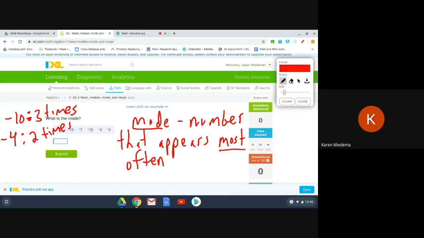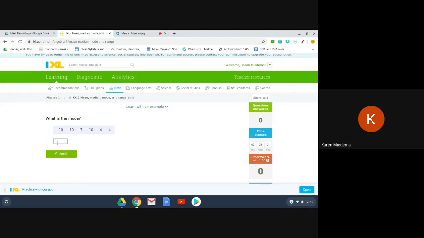And finally, I had a -7, which appeared just 1 time. So which one appeared the most often? Well, the -10 appeared 3 times, which was the most often. So for the mode of this data set, we're going to say that's -10.